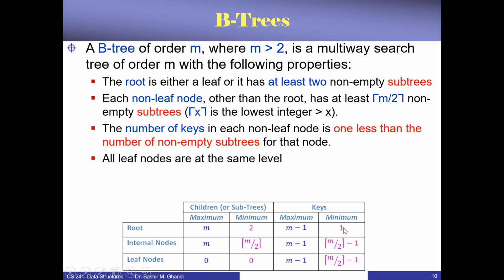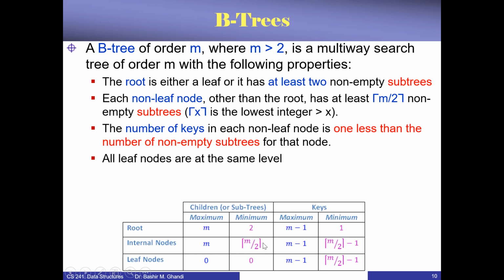For the internal nodes, the minimum subtrees that you can have, as we explained here, is ceiling of m over 2. So it depends on the m, therefore. If m is 5, then the minimum subtrees is 3. If it is 7, the minimum subtrees is 4, and so on.